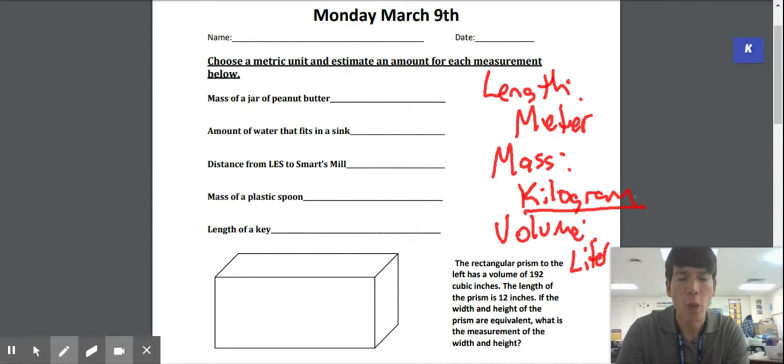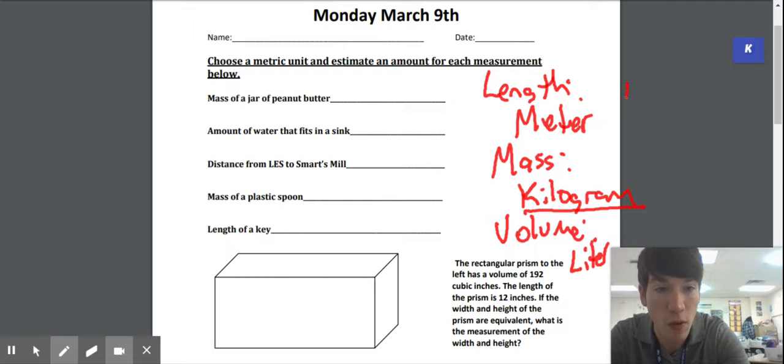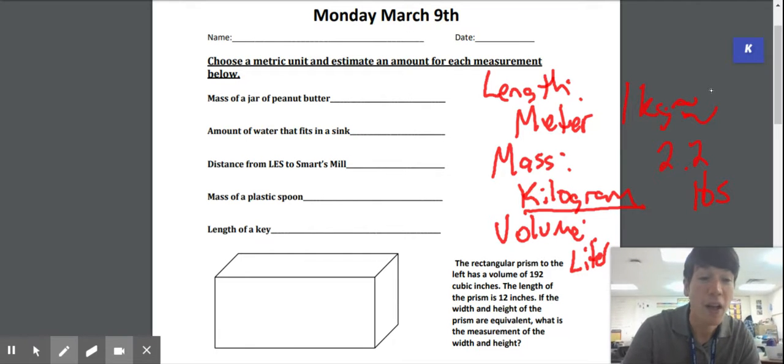Now, we know from talking in class that a paperclip is about the size of 1 gram. So a jar of peanut butter would be significantly more than that. We also remember that 1 kilogram is about 2.2 pounds.